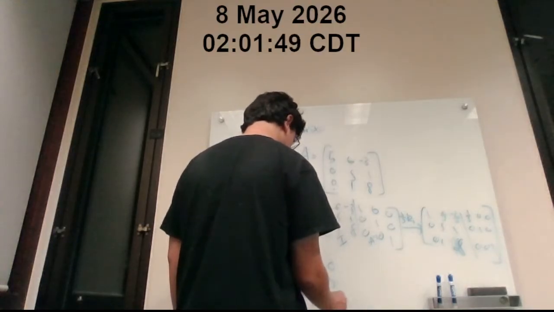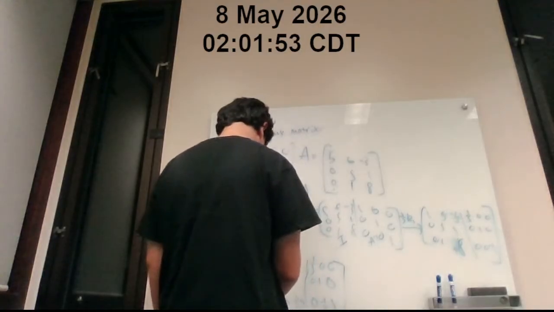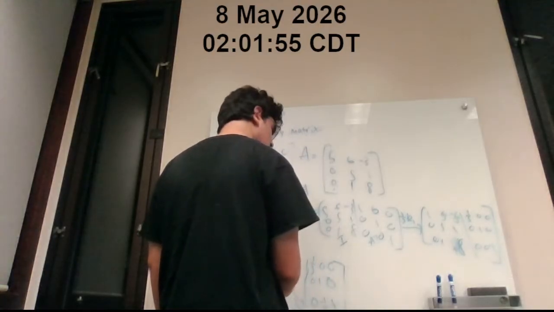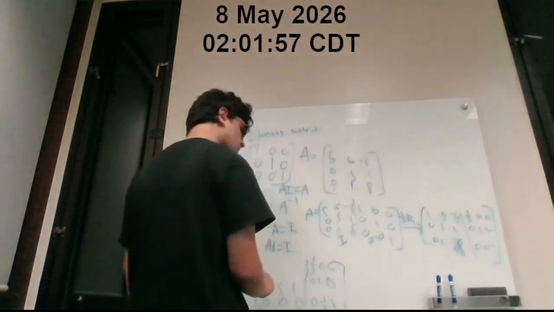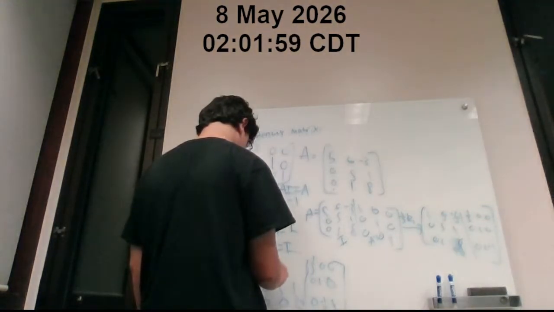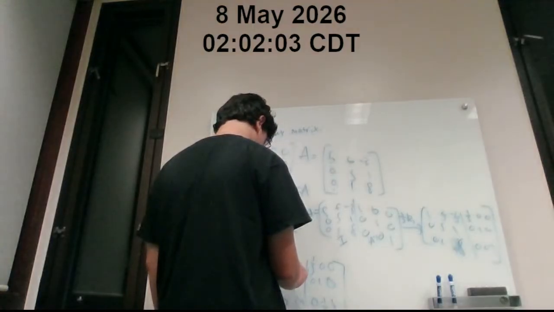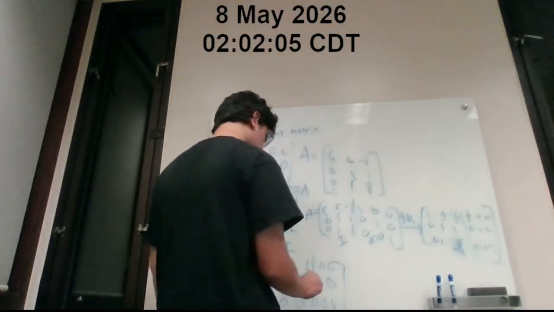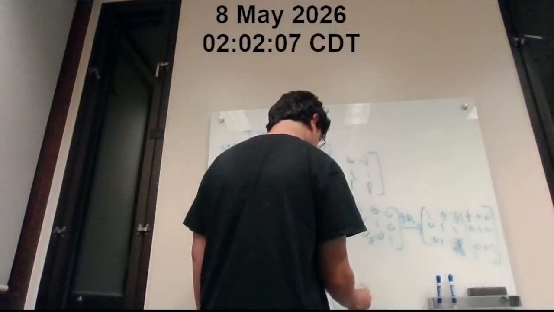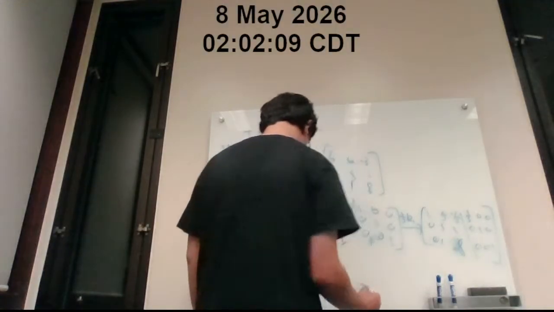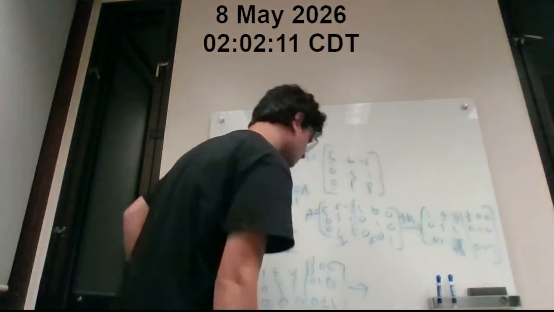This would stay. 0, 5, 1, 1, 6, 5, negative 3/5. Right, okay. And now all we have left to do to fully reduce this.